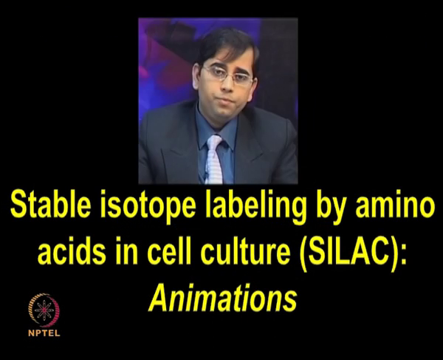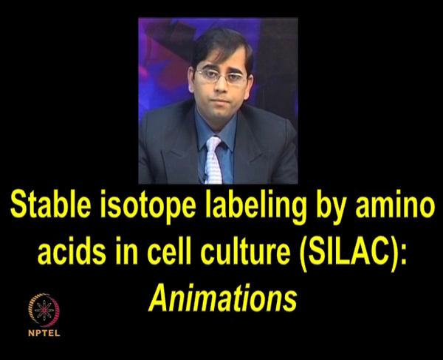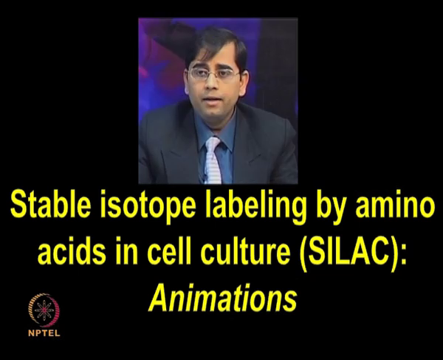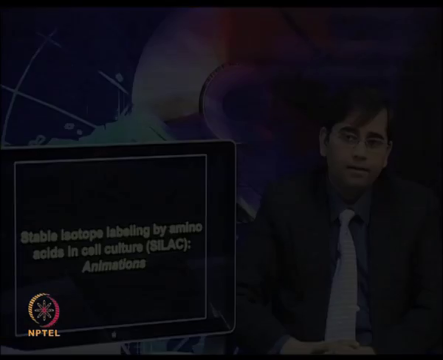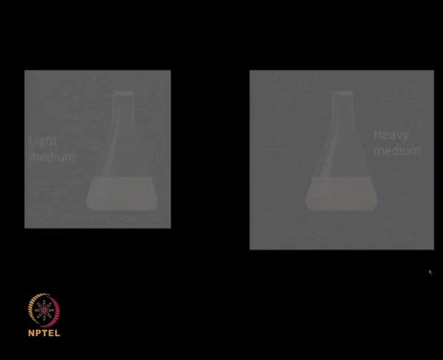So, now I will show you an animation of stable isotope labeling by amino acids in cell culture or SILAC. So, let us discuss about SILAC method. SILAC is a simple method for in vivo incorporation of a label into proteins for quantitative proteomic purposes.